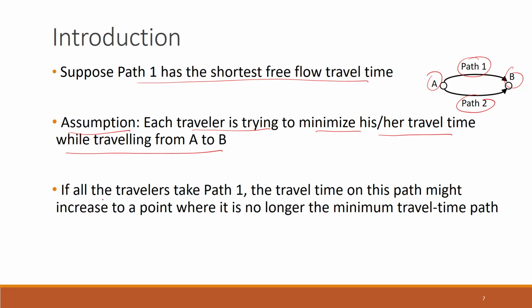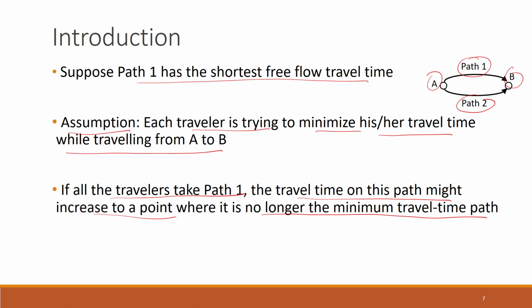Now if all the travelers take path 1, the travel time on this path might increase to a point where it is no longer the minimum travel time path. Although path 1 offers the shortest free flow travel time, that is when there is no flow through that link.